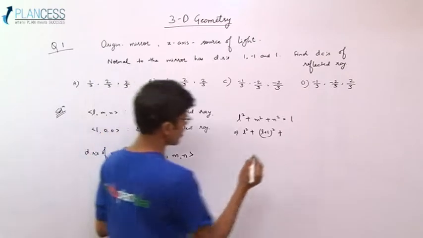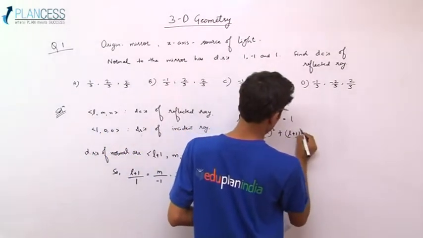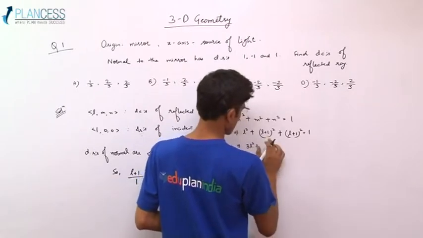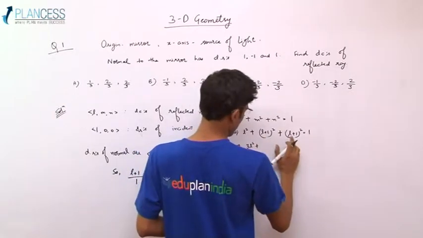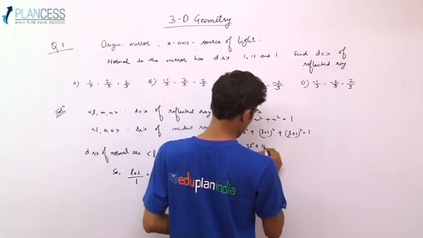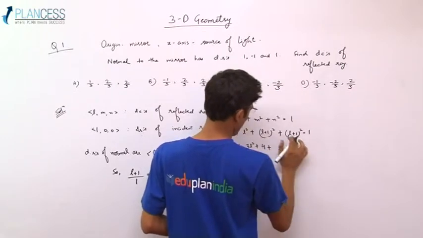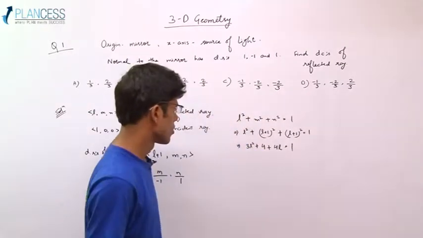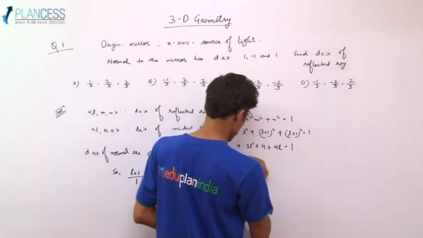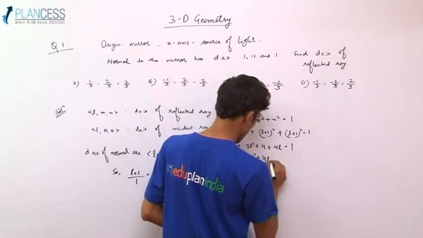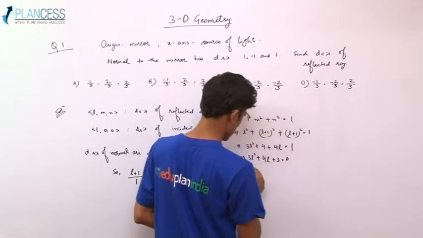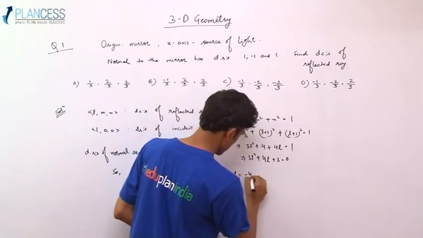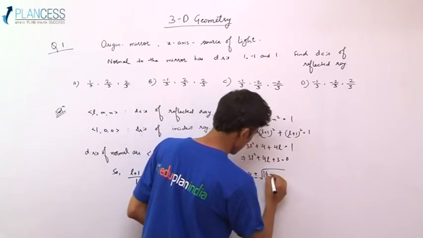N is L plus 1, so this is again L plus 1 whole square, is 1. So therefore it's 3L square plus 4L plus 3 is 0. So L is minus 4 plus minus 16.